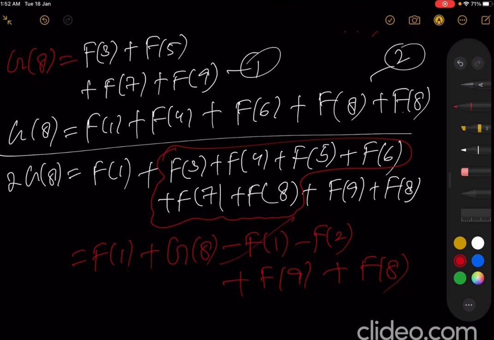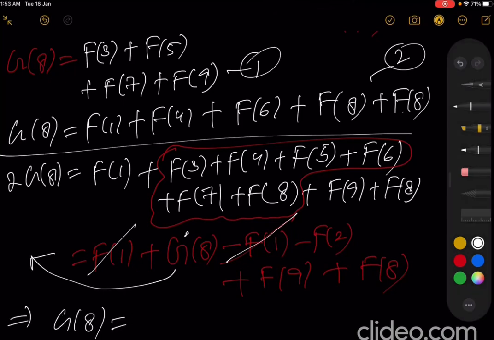Now this and this got cancelled, and g of 8 is here, so you can just shift this g of 8 to here. So 2 times g of 8 minus g of 8 becomes g of 8, which now becomes equal to f of 9 plus f of 8 minus f of 2, right?